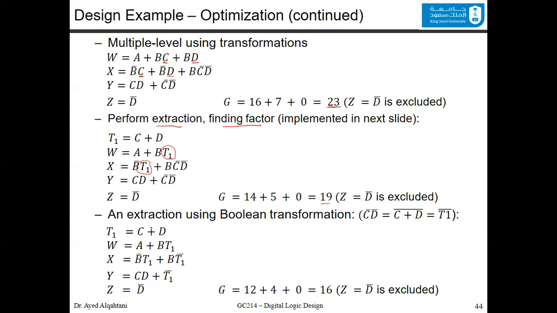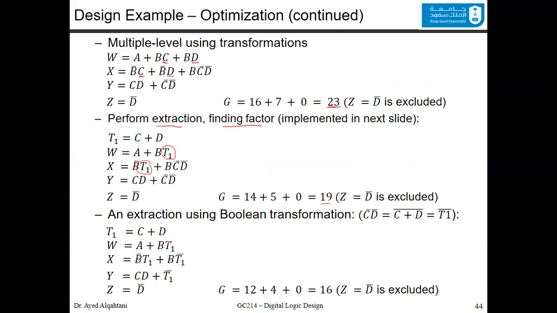You could also reduce it by doing an extraction using Boolean transformation, because we know that C bar, D bar is equal to, from De Morgan's law, C or D all bar, which is actually the C or D that we already defined, T1 bar.